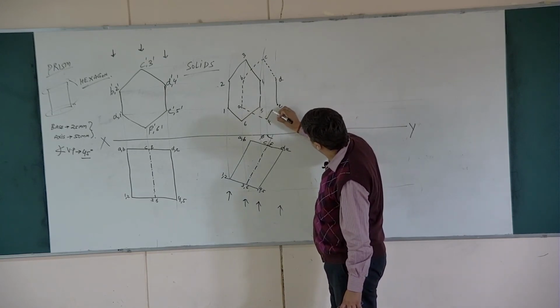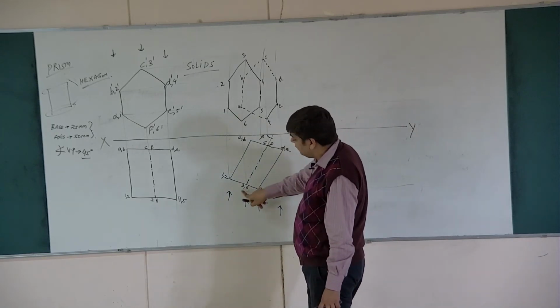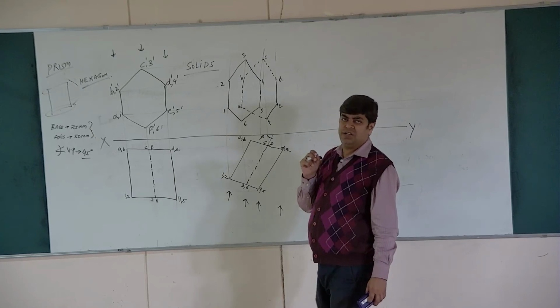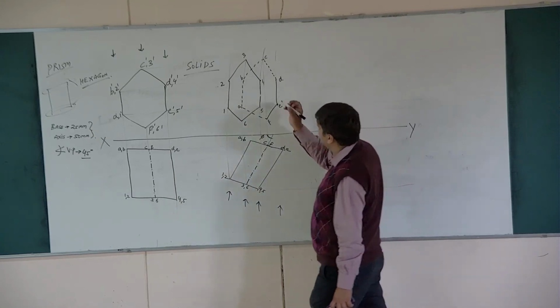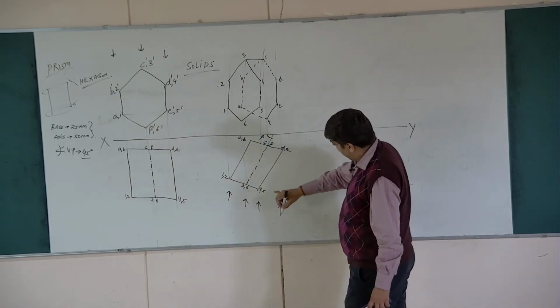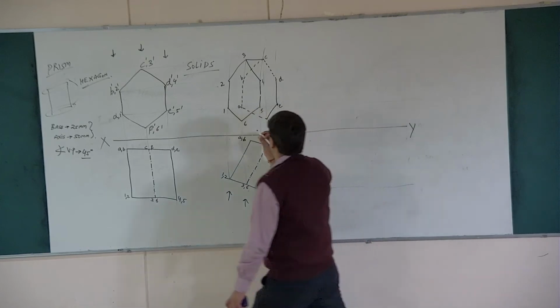So E to F will be continuous. C to 3, if 3 is clearly visible, any point which is connected to 3 will always be continuous. So C to 3, continuous. 6 to F will be continuous.